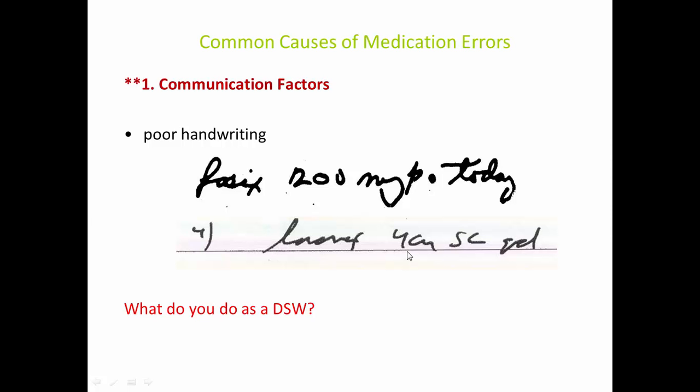The medication error that was actually made was that this drug, Lovenox, was confused with this drug up here, Lasix, and so the person received Lasix, which is a diuretic, given for things like high blood pressure, instead of getting their anticoagulant, Lovenox. So they got the wrong drug. So what do you do as a DSW to prevent that?